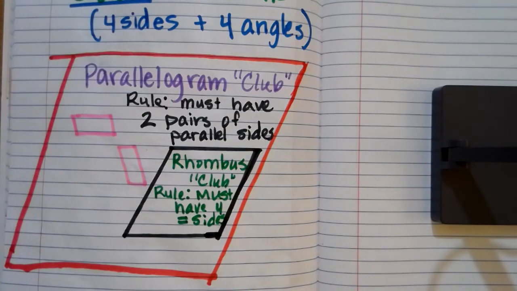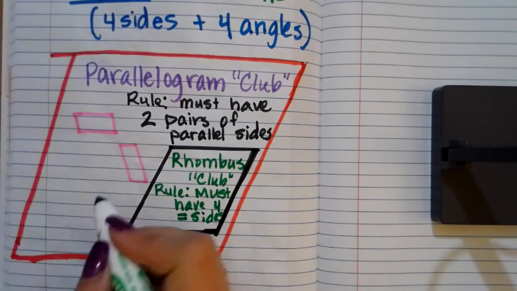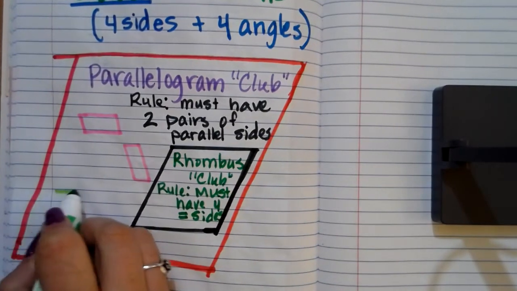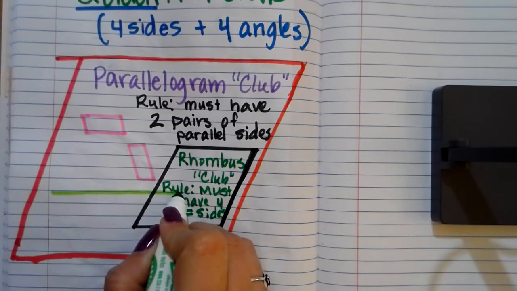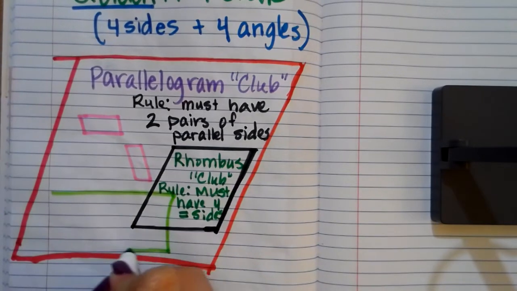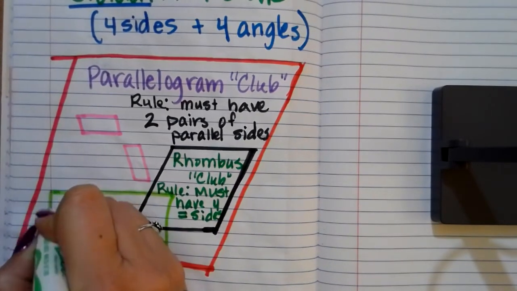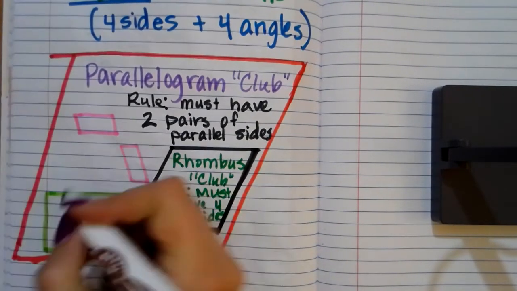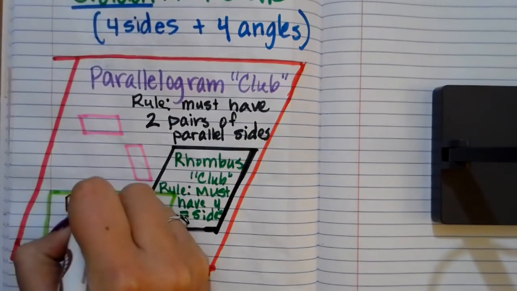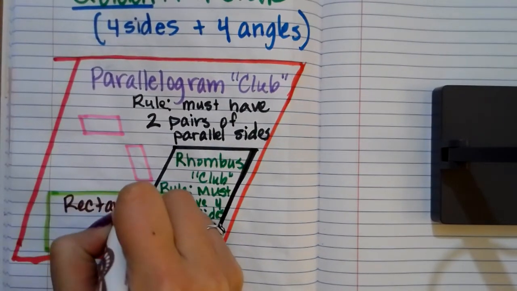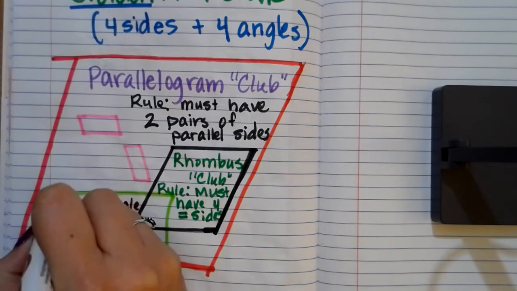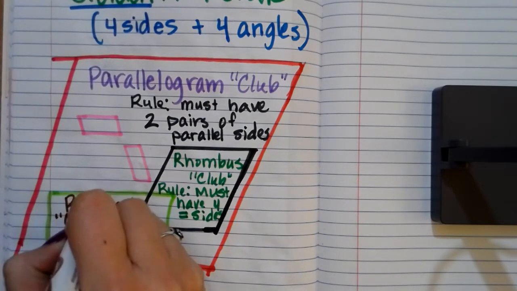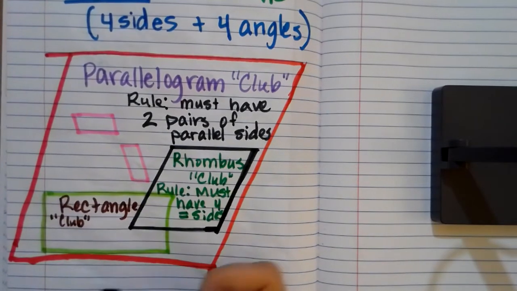Okay, our next club is going to be called the rectangle club. We're just calling these clubs, right?